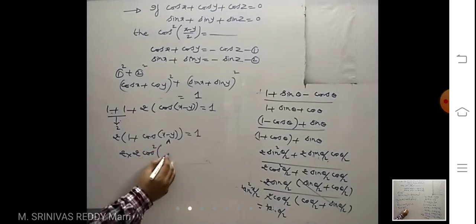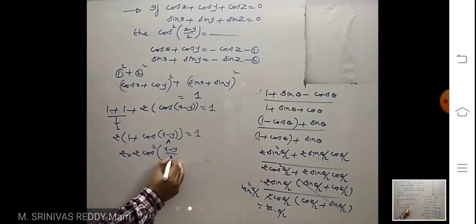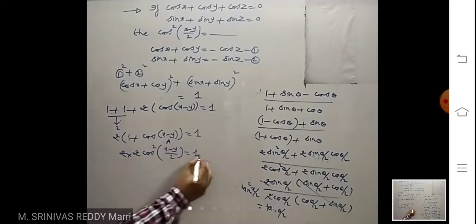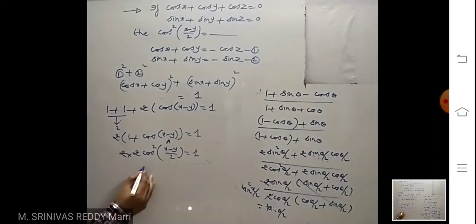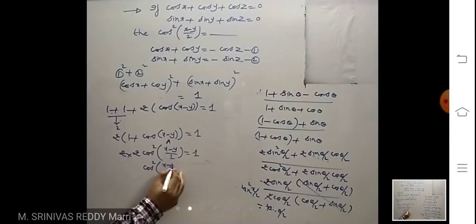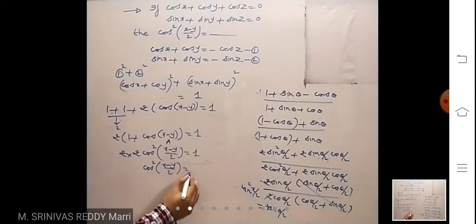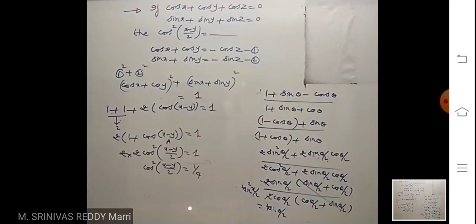This is nothing but 2 cos square x minus y by 2 equal to 1. Now what is asked? Cos square x minus y by 2 is nothing but 1 by 4. That is the answer. Like that, when 1 plus cos a is there, you write 2 cos square a by 2. That is how to make use of all those formulae.